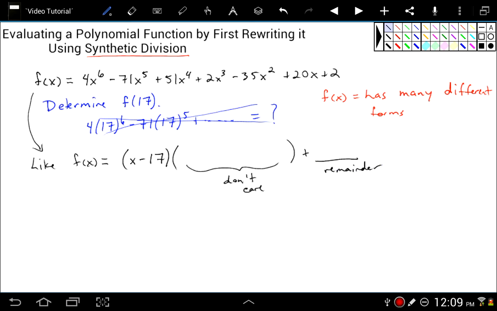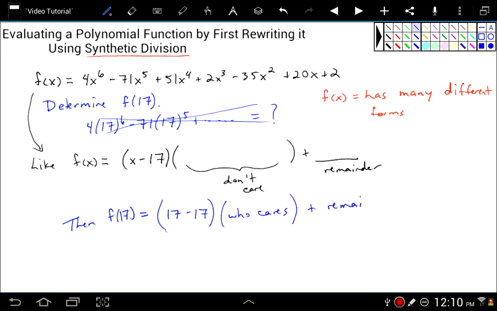Now look at this. If I can write it like that, then f of 17 will equal, I still plug 17 as my input, so I would have 17 minus 17 times, who cares, plus this remainder.